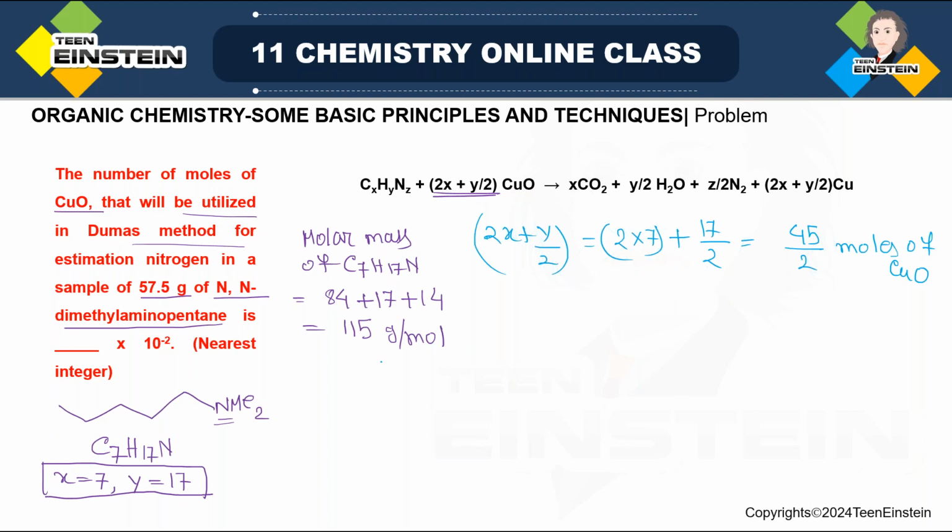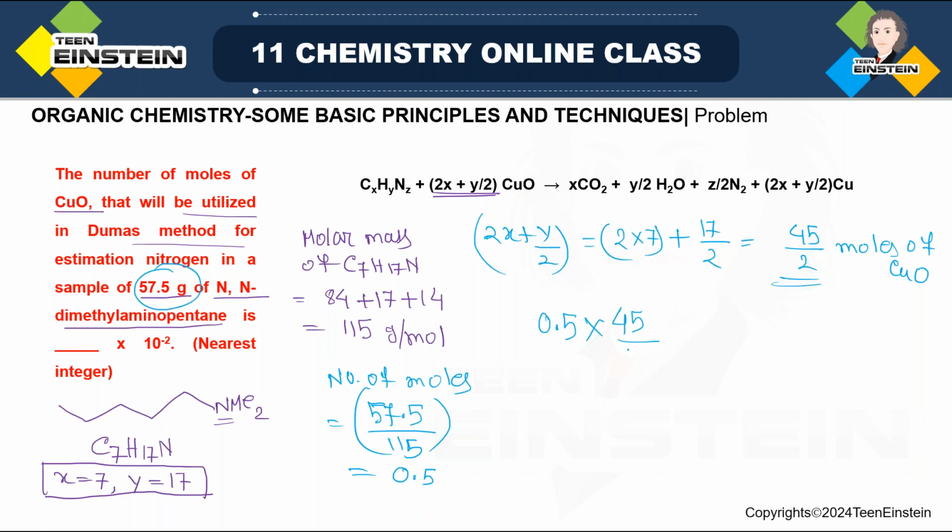But what is the number of moles of organic compound? That we have to know. So this is the given mass. So the number of moles of the organic compound is the given mass 57.5 divided by 115. So this is 0.5, that is half. So for 1 mole, the requirement is 45 divided by 2. So for 0.5, it will be multiplied by 0.5.